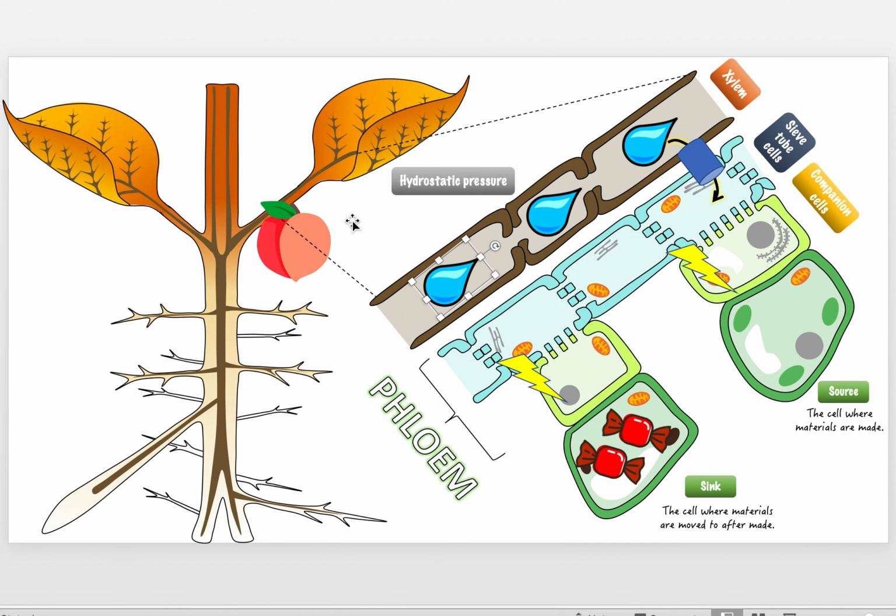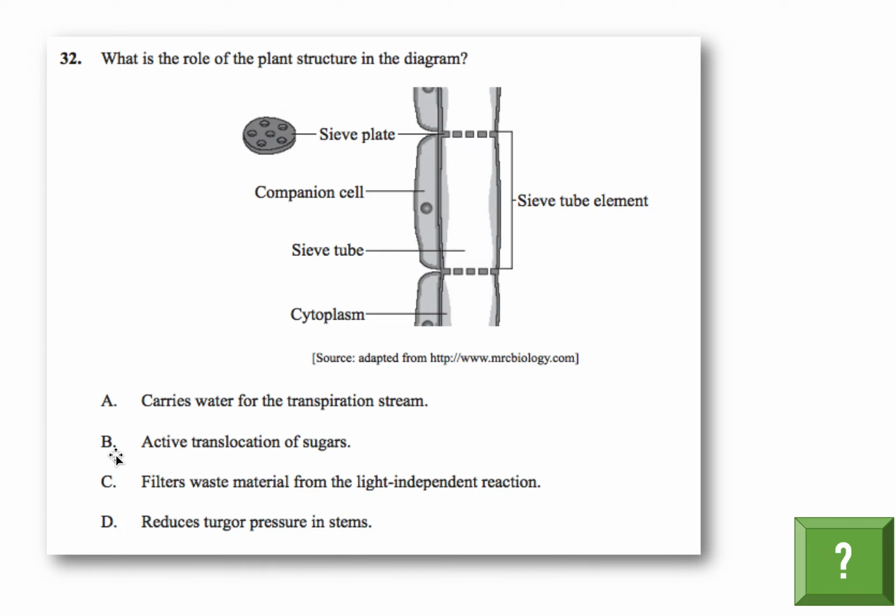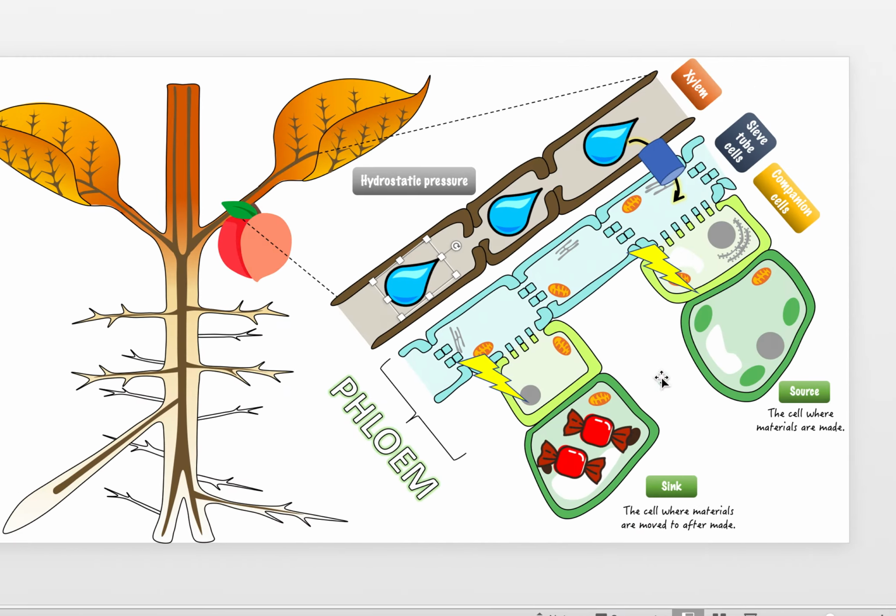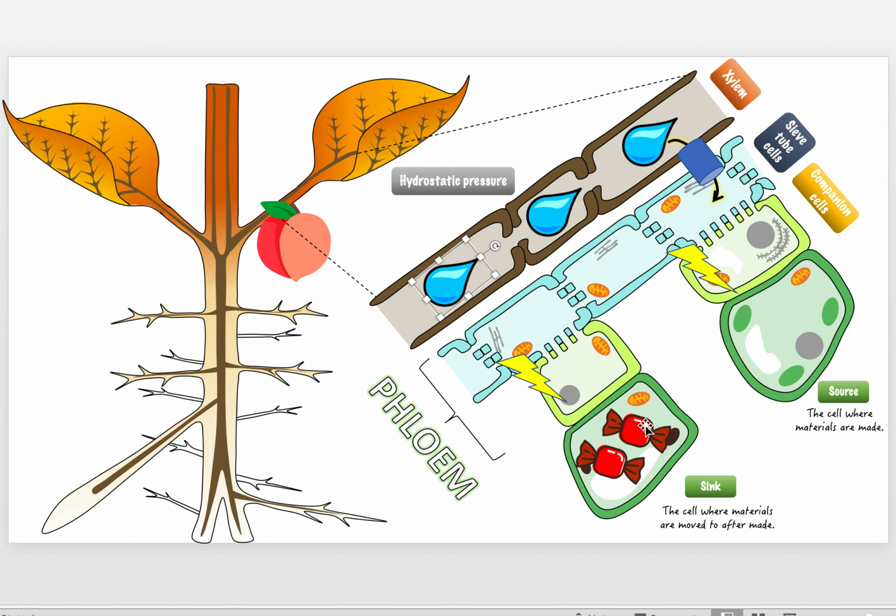Does it do B, active translocation of sugars? Yes, it does. So basically, the source is making this sugar, and translocation is a word that you need to understand, a definition word that is used to describe the movement of these sugars, translocation, okay?